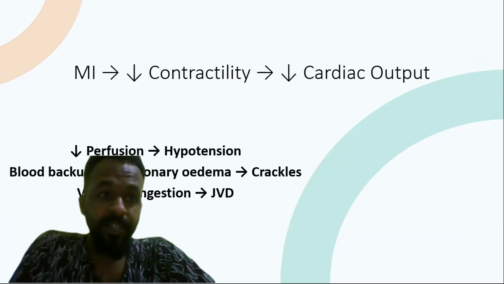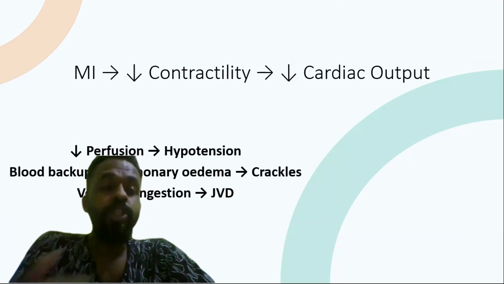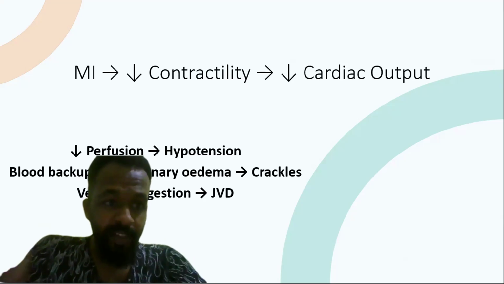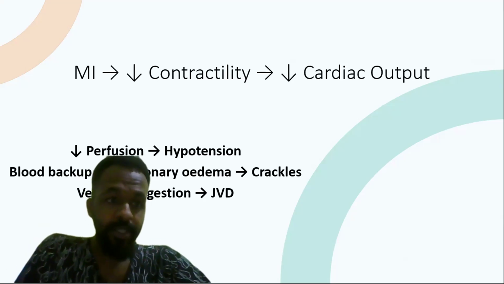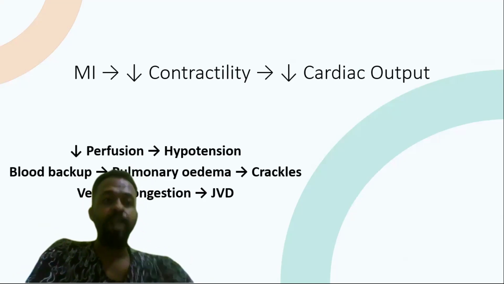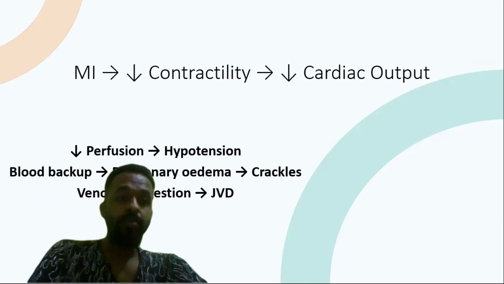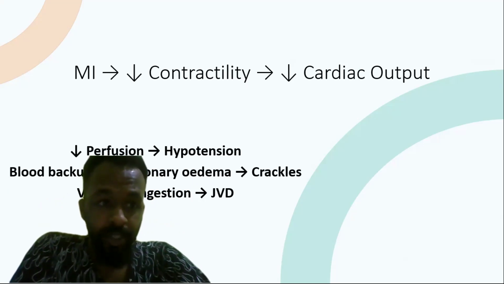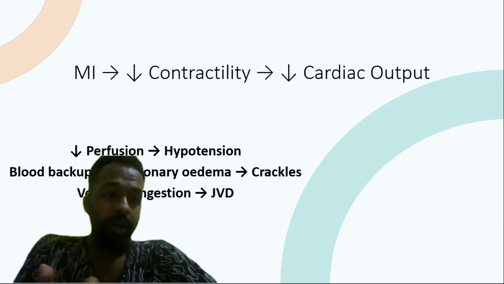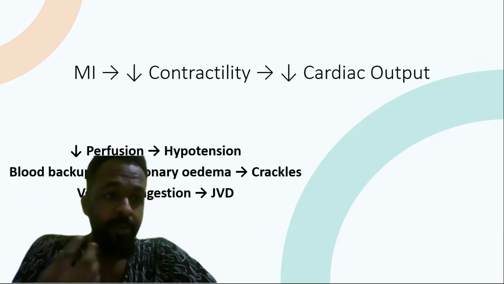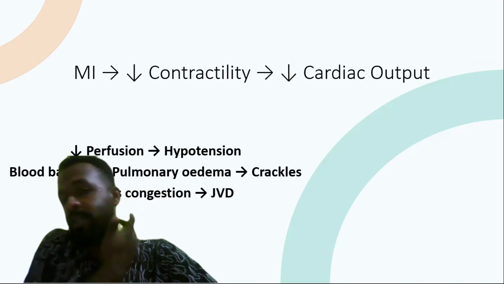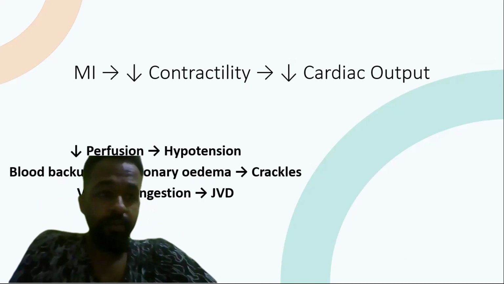The body activates sympathetic compensation, which causes tachycardia, vasoconstriction, and cool extremities. At the same time, the blood backs up into the lung, producing pulmonary edema, which is what we heard as the crackles, and respiratory distress. And because pressure backs up into the venous system, we see the JVD, the jugular venous distension.